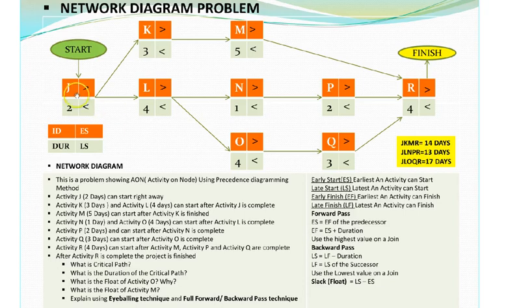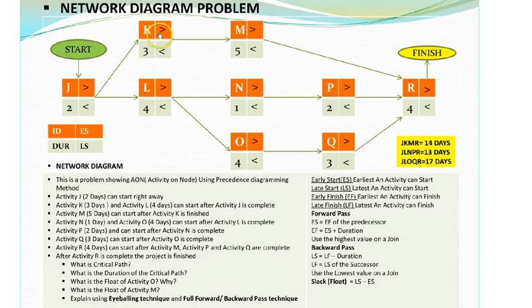So an activity on the critical path must be completed on time, and it cannot start until its predecessor activity is complete. If an activity on the critical path is delayed by a day, then the entire project will be delayed by a day. So again, what is the critical path? It's the longest sequence of activities in a project plan.